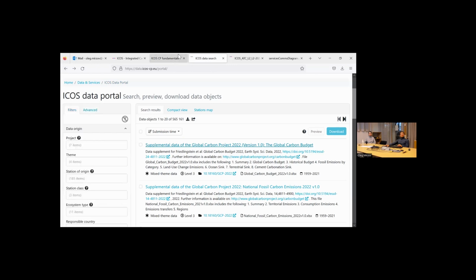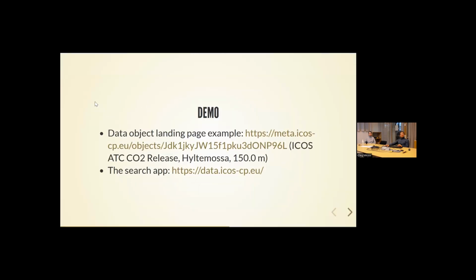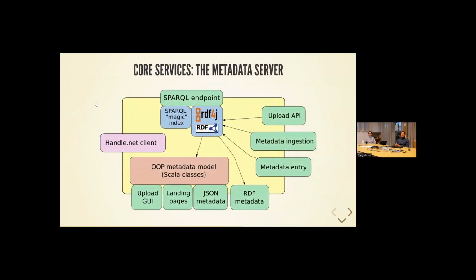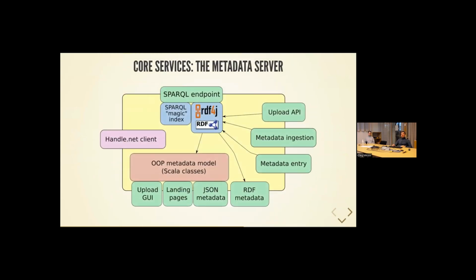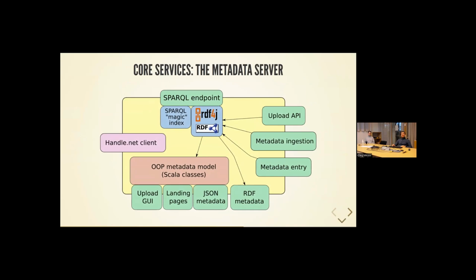All right, well, we don't have time for much more detail than this, I think. Well, how is this enabled? What kind of software do we have to run to enable this? Well, we have two main services to support what you have just seen. For the landing pages, you only need the metadata server.